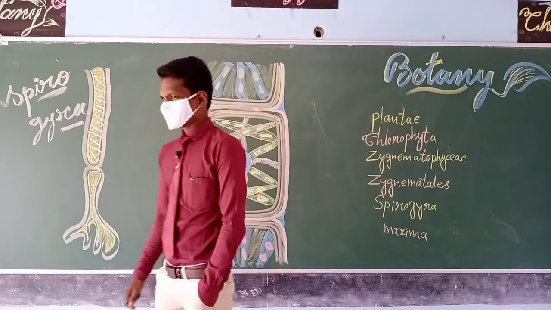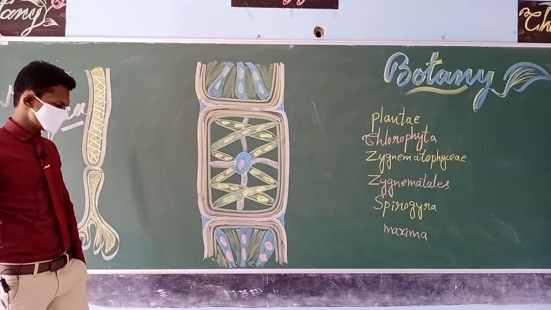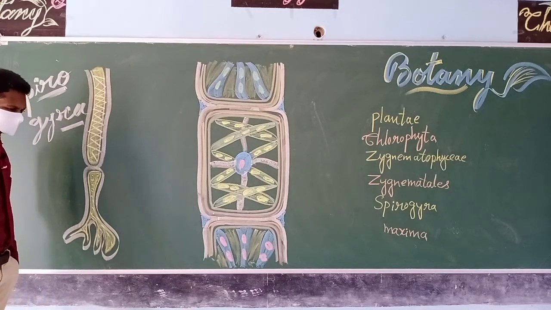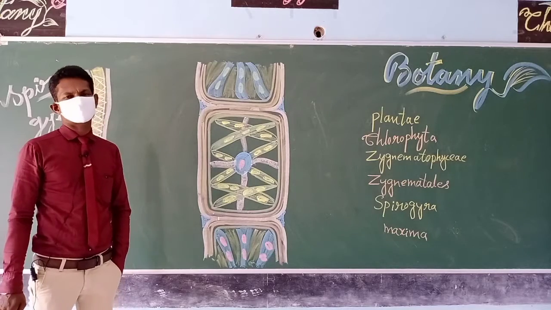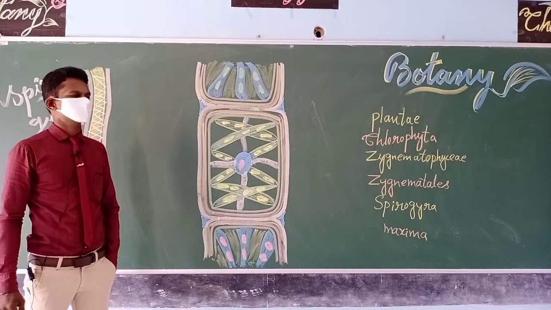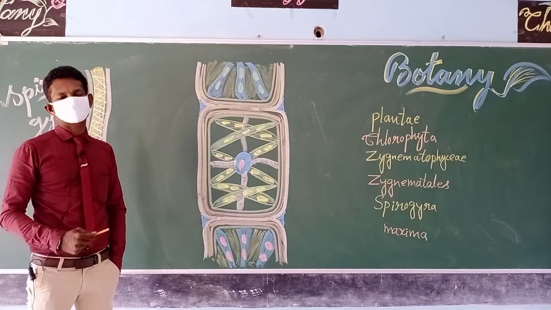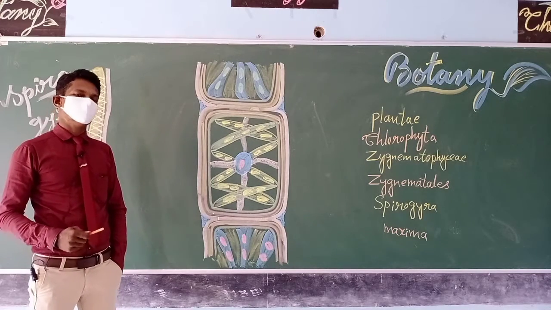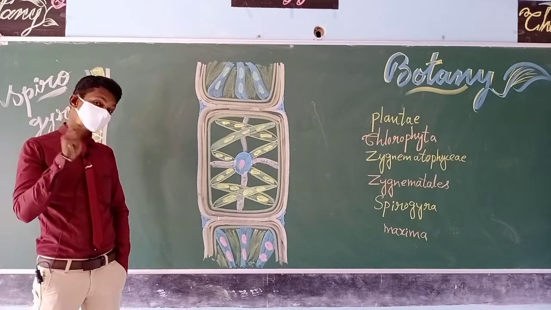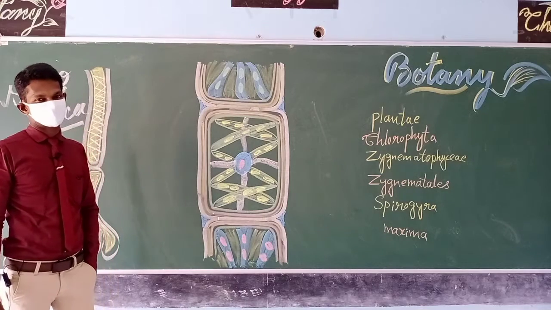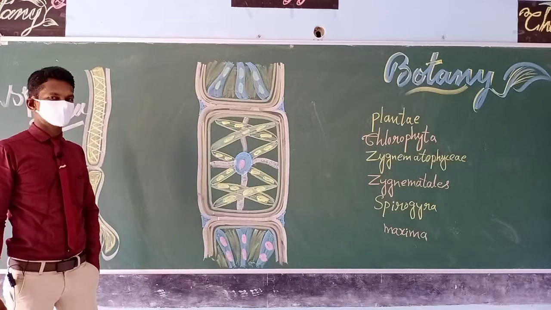So here our Spirogyra distribution is worldwide, all over the world. And if we observe habit and habitat, our Spirogyra belongs to watery areas, especially water bodies, nothing but lakes, rivers, ponds, and especially freshwater water bodies, not marine and marshy and salt, only fresh water.